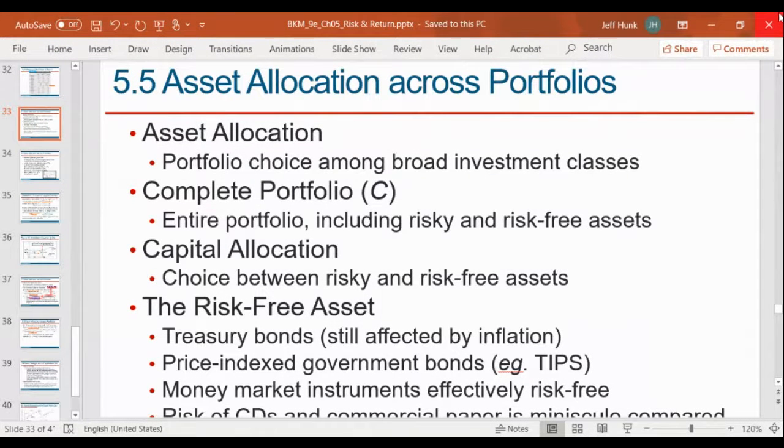So for the allocation of weight, there are two steps. First, allocating weight or funds between the risky portfolio and risk-free assets.